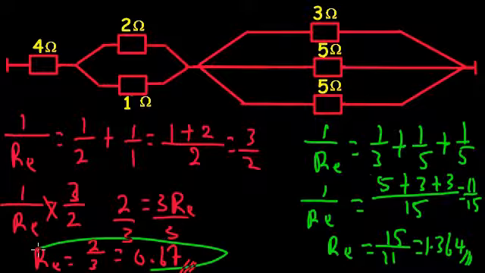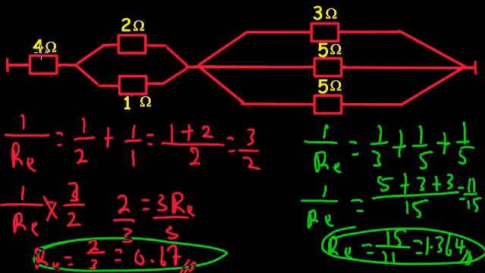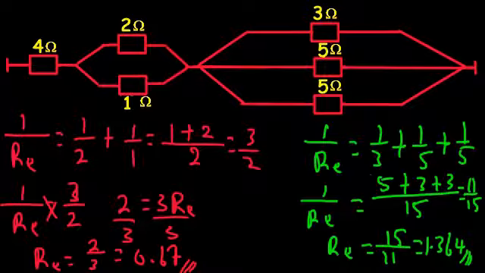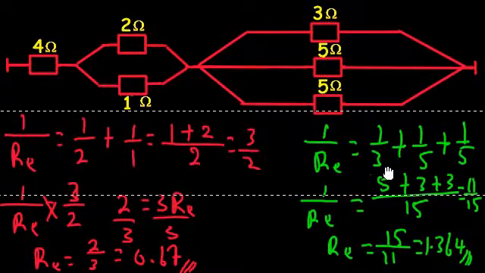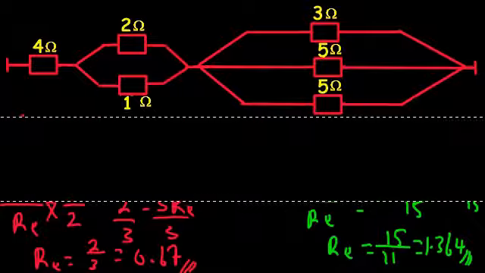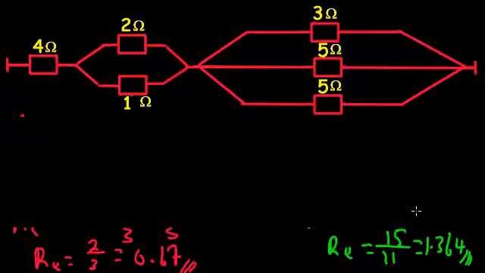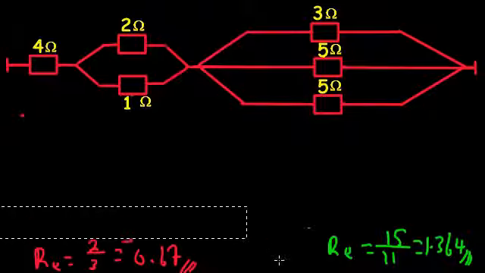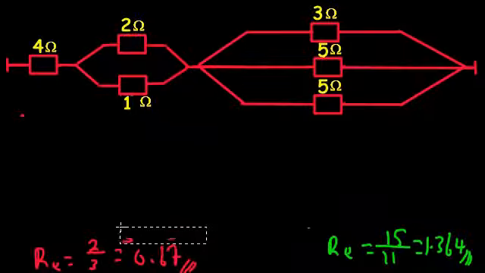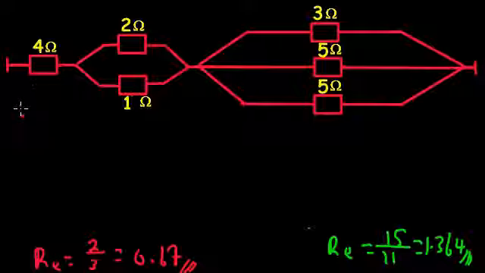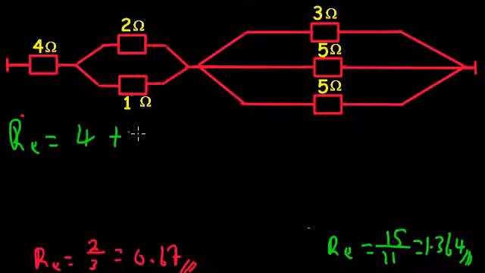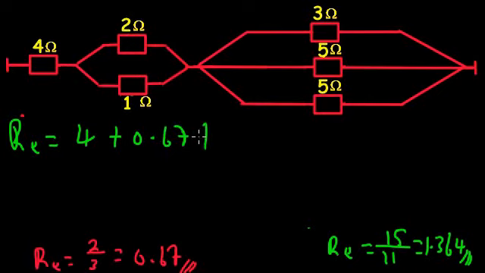So this is the equivalent resistance for these resistors arranged in parallel. Now, this one and this one will be in series with this 4 ohm resistor. So our final answer in this case will be R_eq equals 4 plus 0.67 plus 1.364.